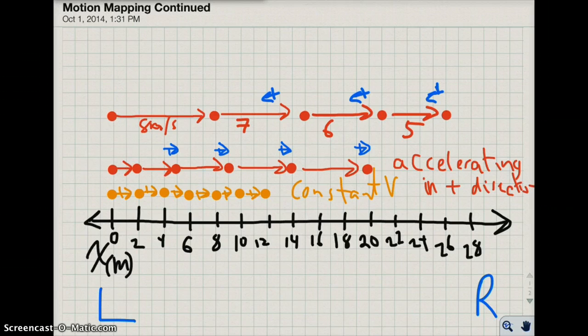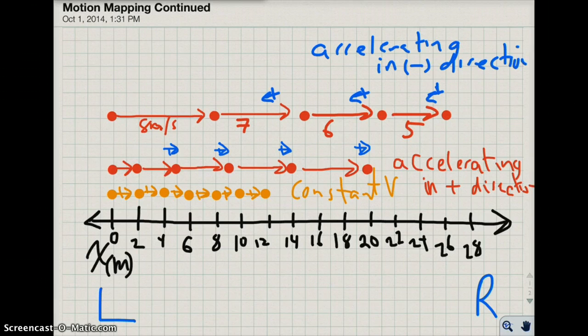In some cases, you can slow in the negative direction, so it isn't the best word for us. And so we would still consider this accelerating, but it's accelerating in the negative direction. So here we've got something traveling in the positive direction, accelerating in the negative direction. Fantastic.